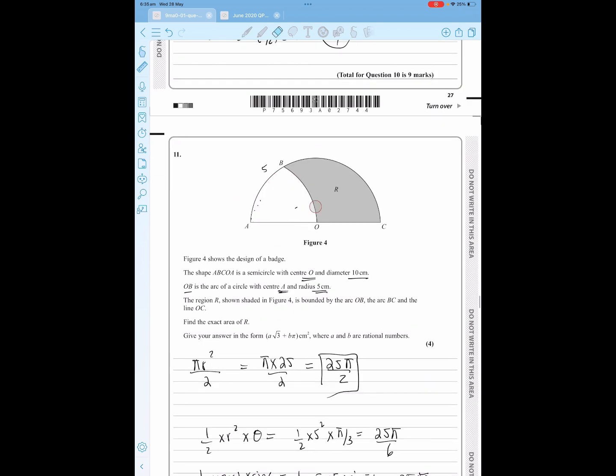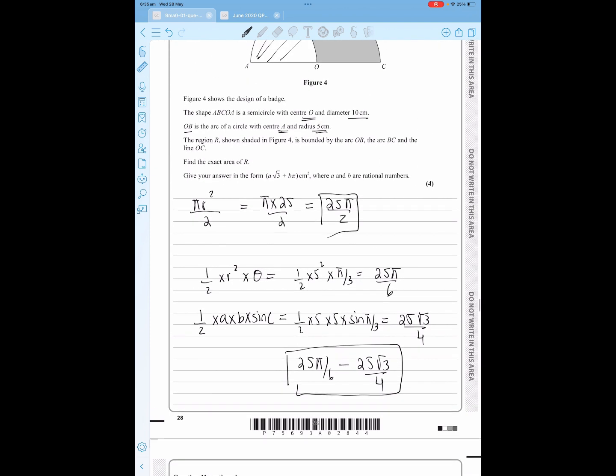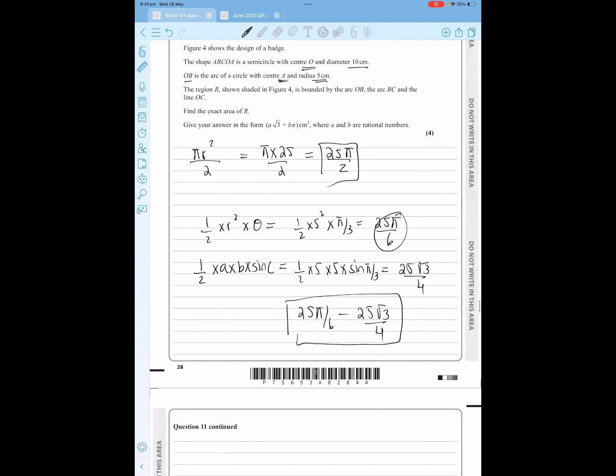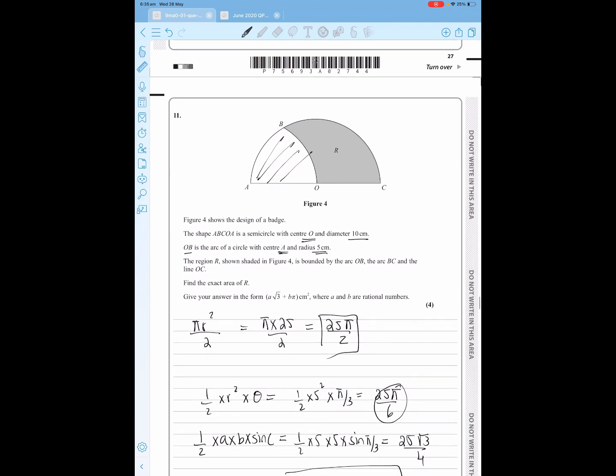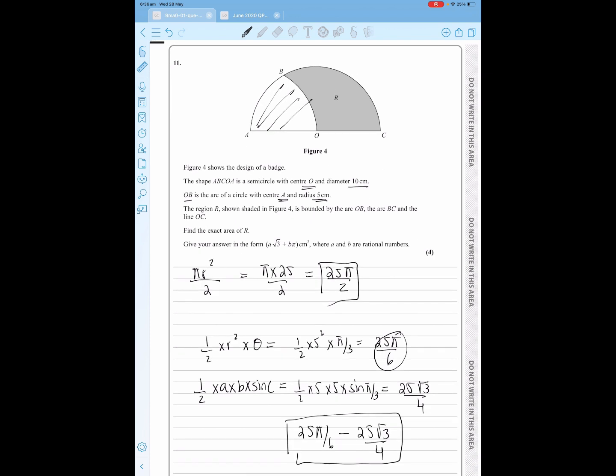Okay, so we've got this entire region now, because this would just be this sector plus that small piece that we calculated, and we can just minus that from the total area of the semicircle.